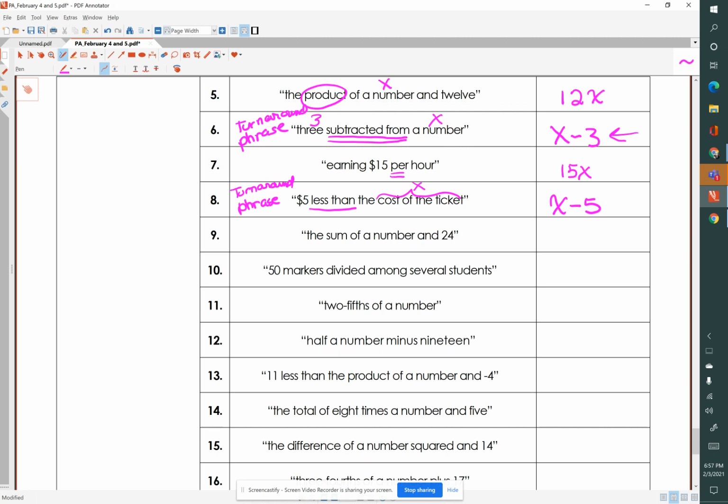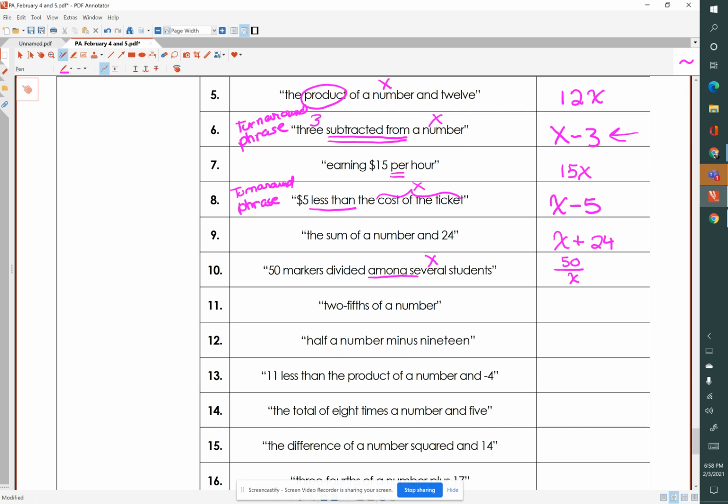The sum of a number and 24, we're adding, so that's x plus 24. 50 markers divided among several students. We hadn't talked about that, but that is a word sometimes you see in division, among. So if it's 50 divided among several students, the several is not an exact number, that's our x. And the 50 is divided among, that means the 50 is our numerator and x is our denominator.